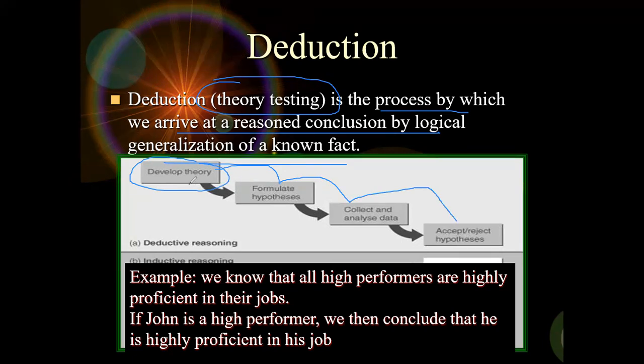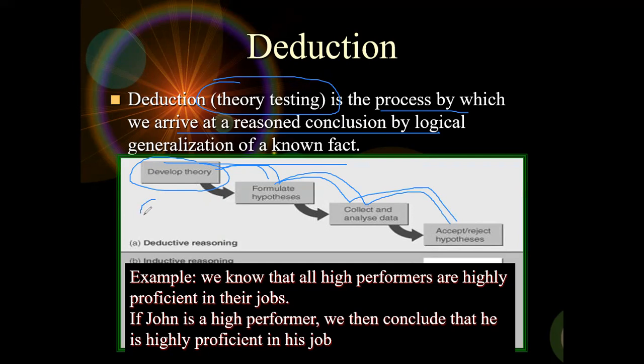Now, how do you do it? Let's say a theory is generated in, let's say, America or Europe. So let's test that theory in Pakistan. Is that theory also true with respect to Pakistan or not? So we develop hypotheses accordingly, and then collect data from the Pakistani firms, and then analyze the data and accept or reject our testable statements and give a logical conclusion specifically with respect to the firms of Pakistan.